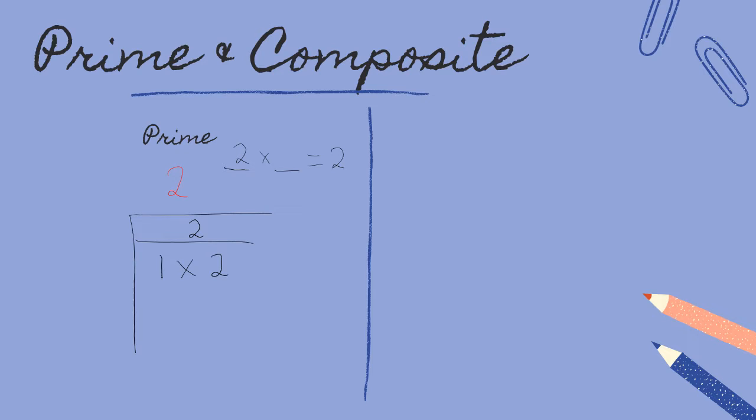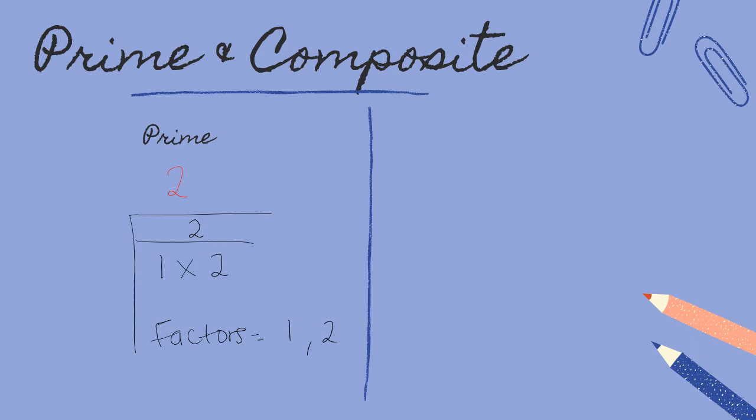Because 2 times 2 is 4 and not 2. So that is wrong. So far, we know that 1 times 2 is 2. So the factors of 2 are 1 and 2 only. So there are 2 factors of 2.